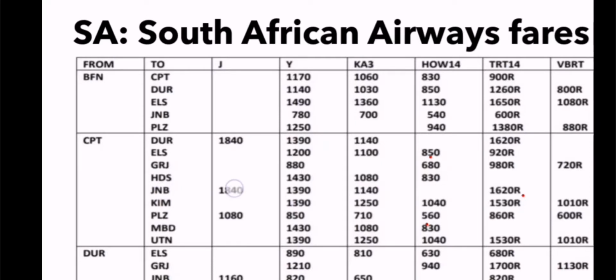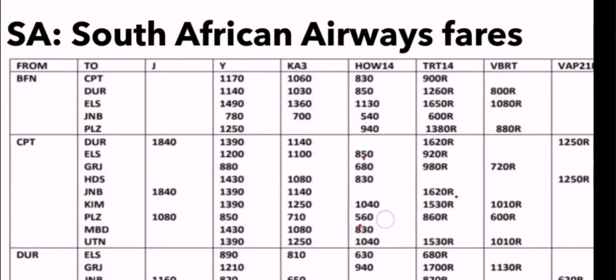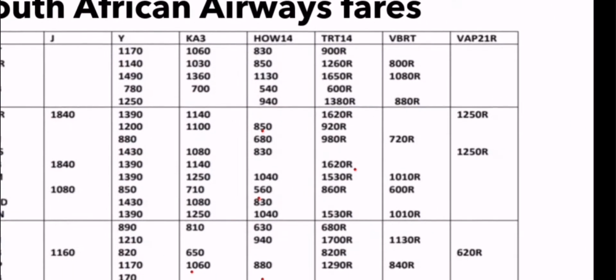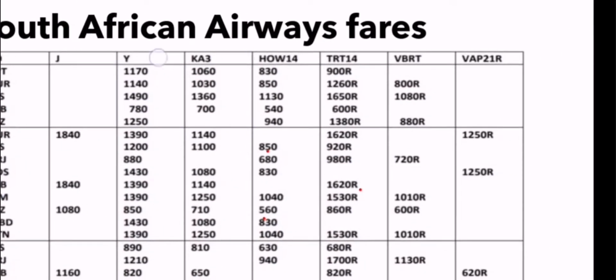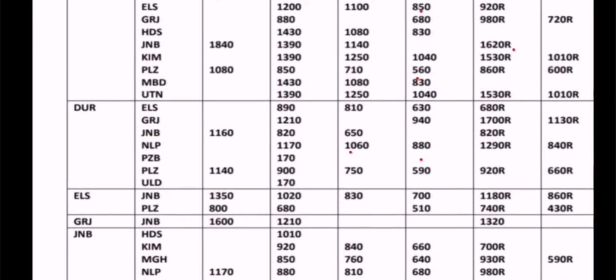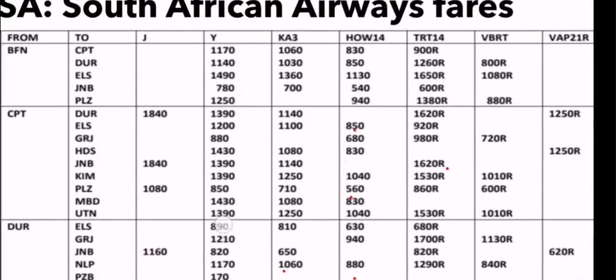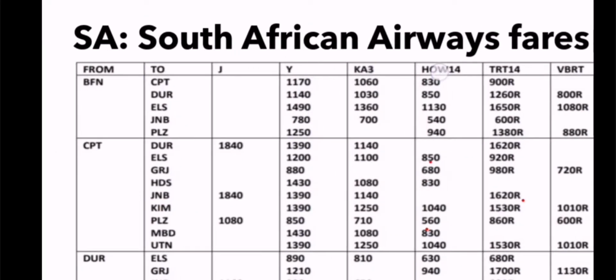And then you look at these columns at the top to see which class. So these columns written at the top here represent classes of travel. So you have your from, to, and then you have which classes of travel you are going to be using.